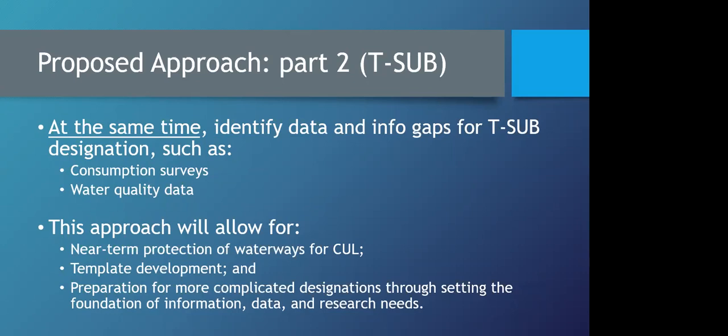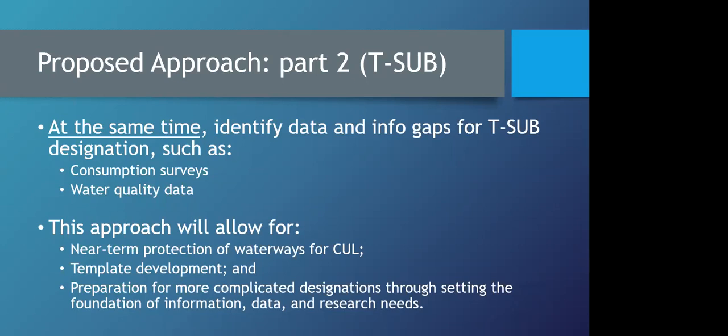Do we need more information to do a Tsub designation? Or is there a request for a Tsub designation on a waterway that has not had a consumption survey to support a designation, et cetera, questions like that.